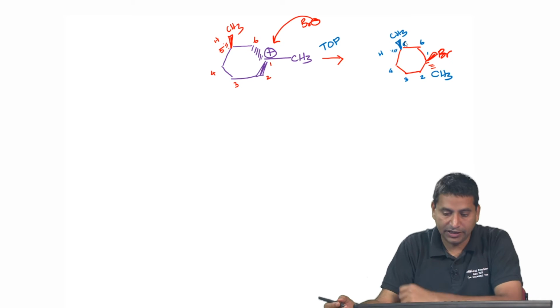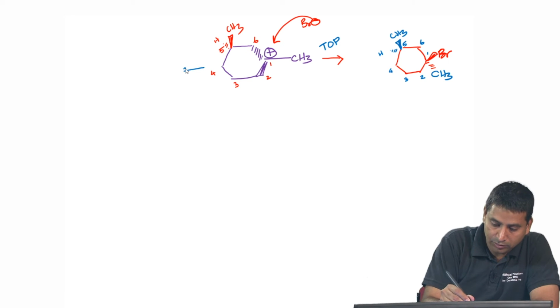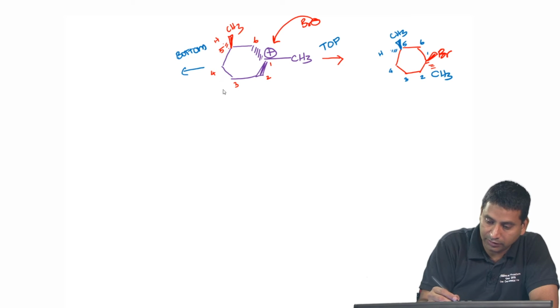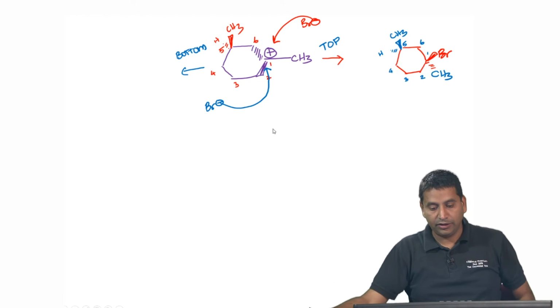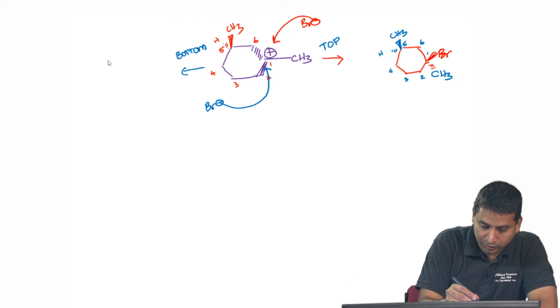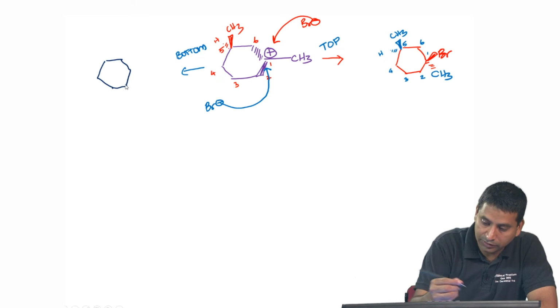Now, if it attacks from the bottom, then I am just going to draw Br minus over here. It is going to attack from the bottom, and I will draw the product as shown here. So, the Br minus is attacking from the bottom.